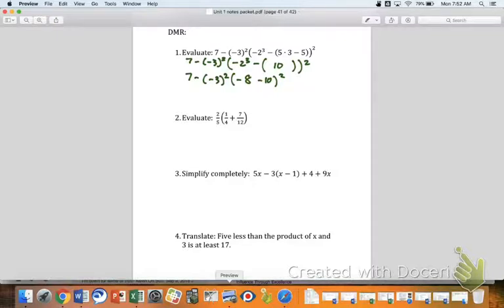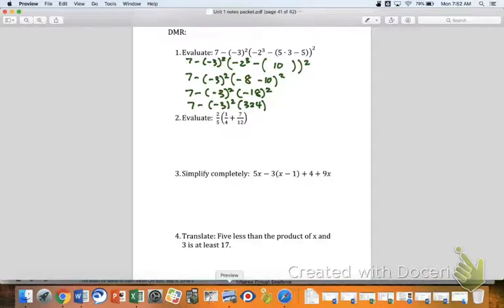Well, actually, really small. Yeah, that's probably accurate, Callie. Negative 8 minus 10 is negative 18. And then negative 18 squared should be positive, right? Positive 324? Yes. Okay. So 7 minus negative 3 squared. We got 324 right there.